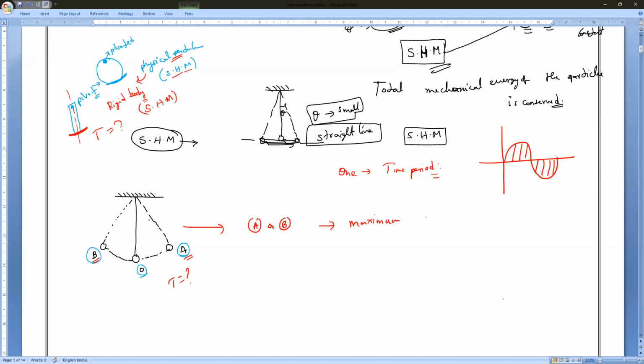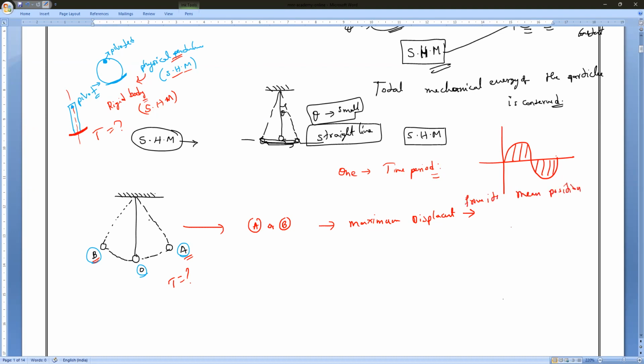If it is the maximum displacement from its mean position, what do we call it?